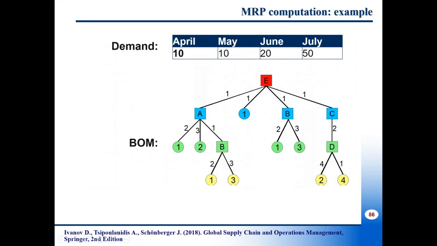For component number 1, each A needs 2 of component number 1, and each B also needs 2 of component number 1. Therefore, for each end item E we need 2 plus 2, equal to 4.